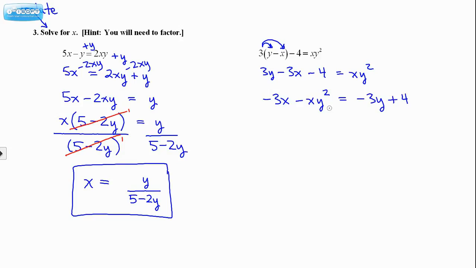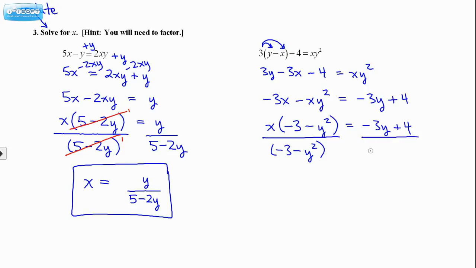Again, there are no like terms here, so don't start combining these. But I can factor out an x on the left. And this is minus y squared. And again, that's still equal to negative 3y plus 4. There we go. And now I will divide both sides by this mess here.